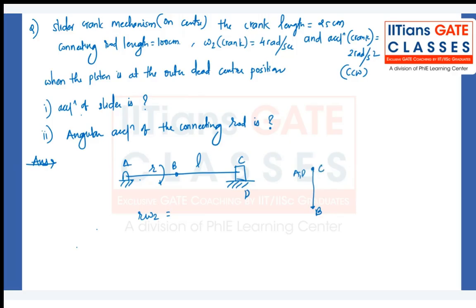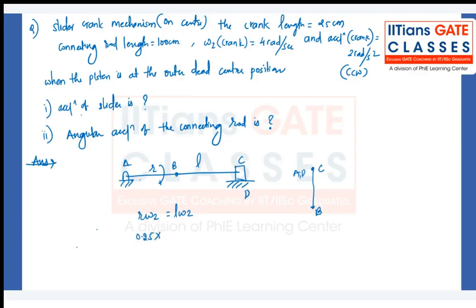At this particular point, the velocity of C is 0 because it is at the extreme position, right? So I would say velocity of link AB is equal to BC in this case. So R omega 2 is equal to L omega 3. R is known to us, which is 0.25.